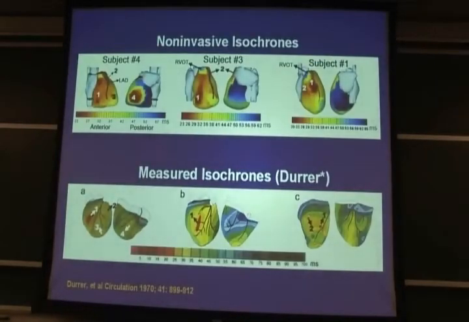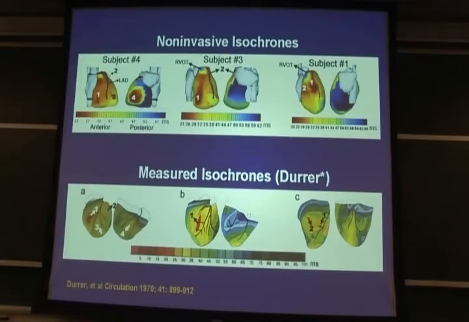And these are comparisons of isochrones, activation sequences that we imaged on the heart in comparison to those Durrer isolated in humans for normal activity. This is normal. And you can see, for example, here, Durrer has a whole elongated region parallel to the left anterior descending coronary artery where left ventricular breakthrough occurs. That's the beginning of epicardial activation.